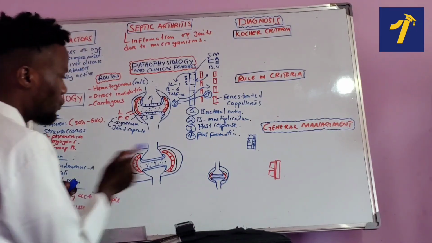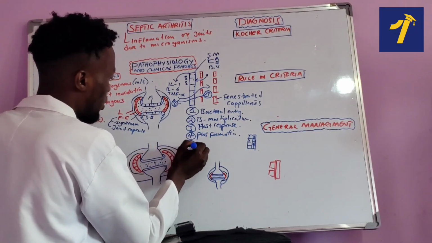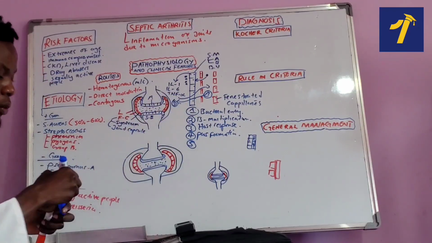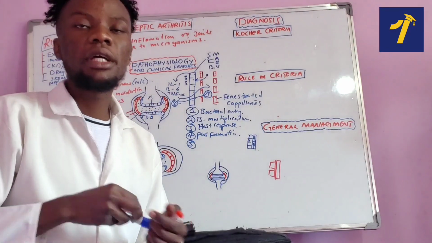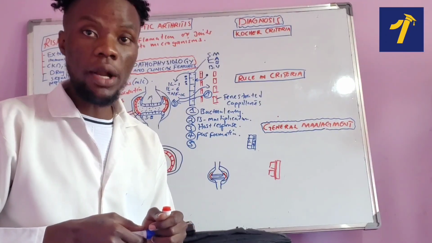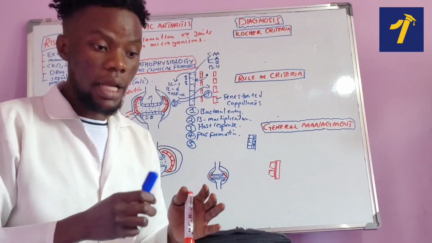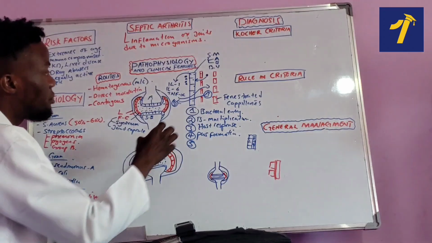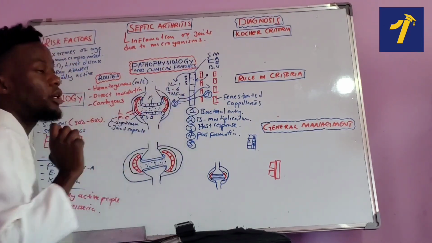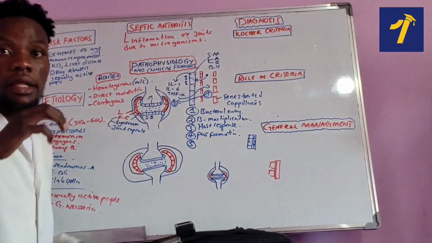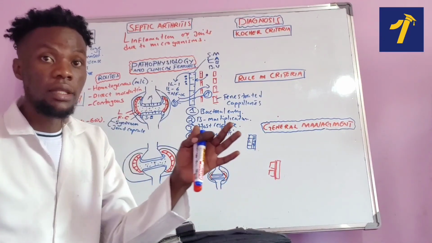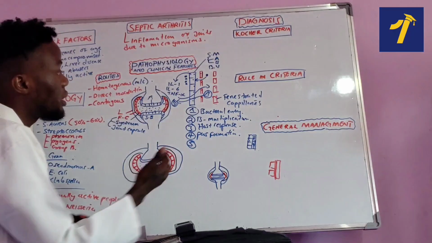Now, remember what I said. Since we are having a lot of inflammation, massive inflammation in the joint cavity, what do you think is going to happen now? Now, there will be a lot of edema, because now these interleukins that were produced and are being produced by the neutrophils that are there, they are going to vasodilate the blood vessels, those capillaries that are there, and there will be massive increase of what?